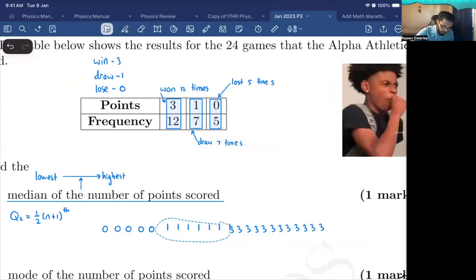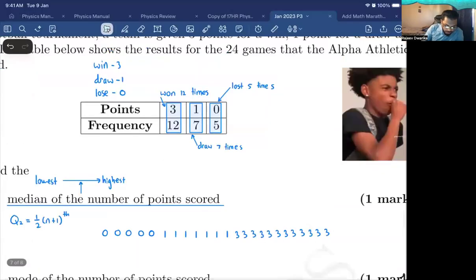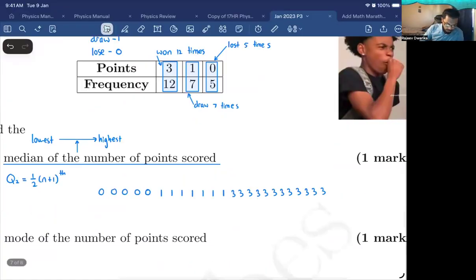Are you confused? No, sir. All right, good. Now, if you count everything together, wouldn't you get 24 because there were 24 games? Yes, sir.